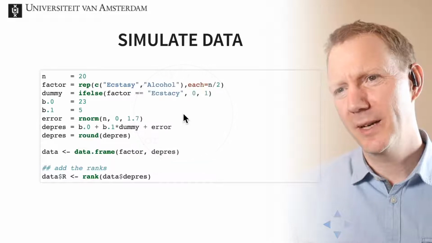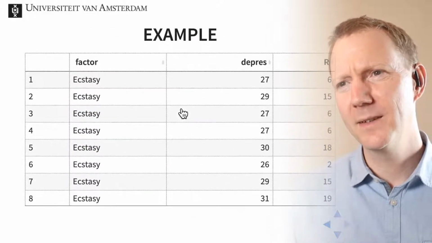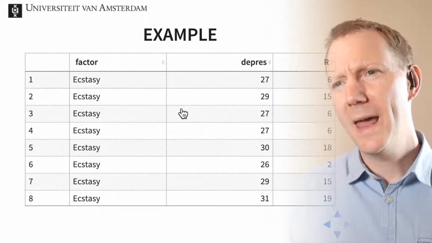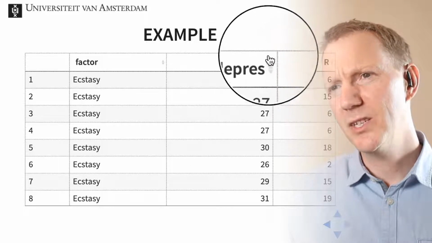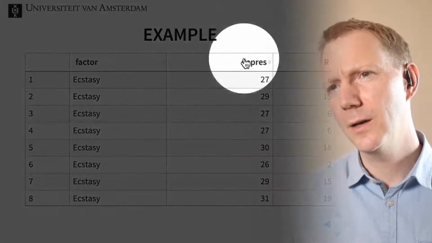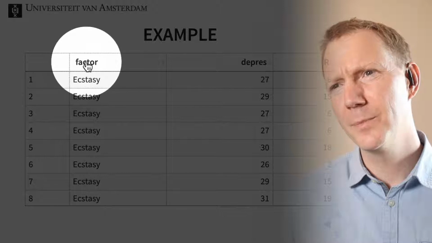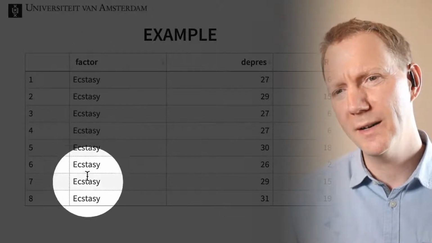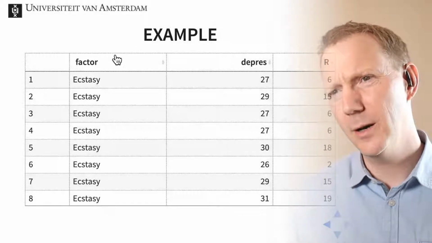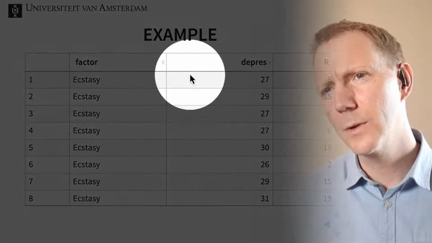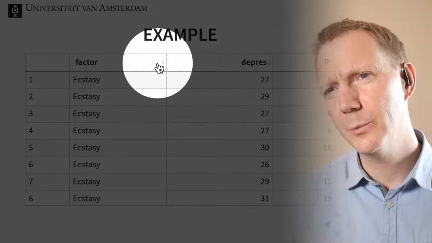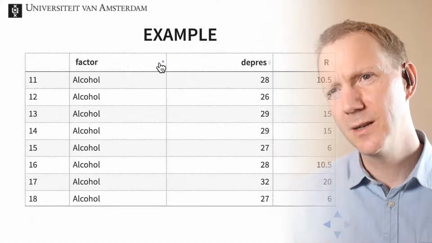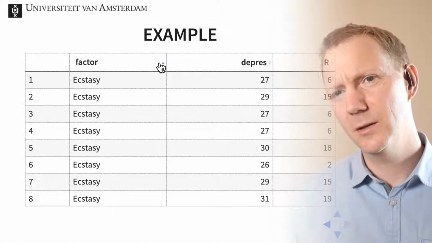Let's see. We're back here, and so we have the depression scores in this column, and we have the factors, so which group you belong to, either ecstasy or alcohol.